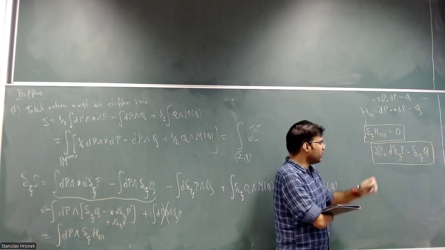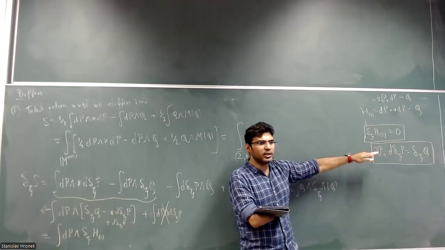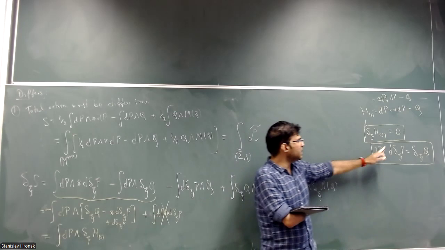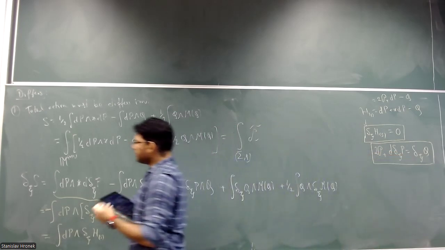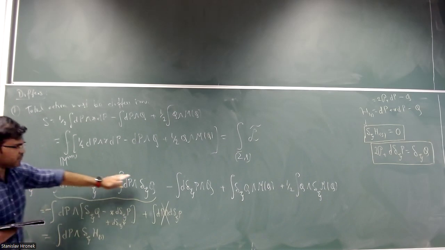Okay. So now remember we do not have the freedom to independently postulate delta psi p and delta psi q anymore. If we determine one of them, automatically the other one gets determined. So that means for the variation of the action, you can forget about the first two terms.